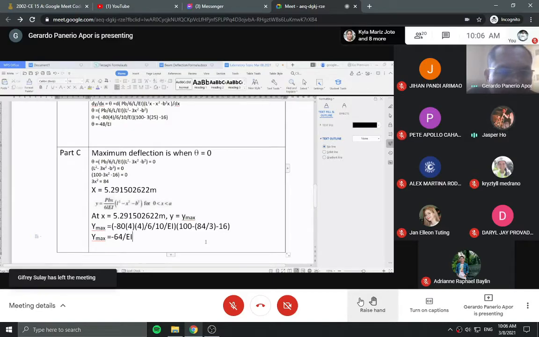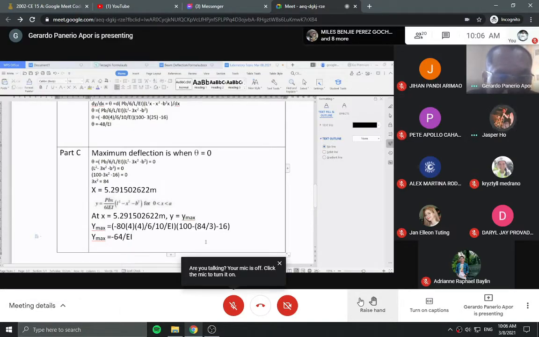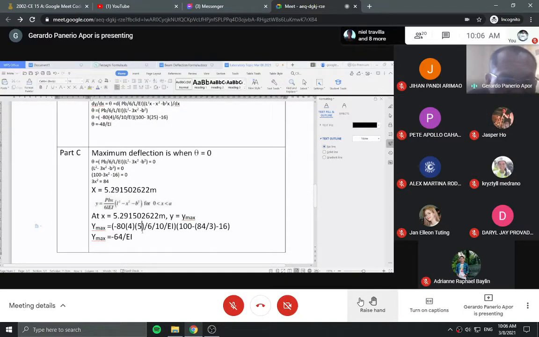Right, the x is 5.29, that's correct. So 100 minus 84 divided by 3 minus 16 is 56, times 80 times 4 times 5.291502622, divided by 60, is negative 1580 over EI.